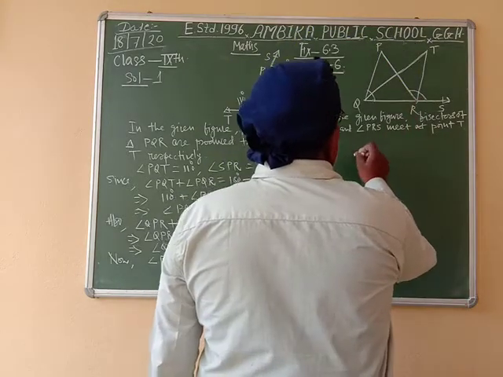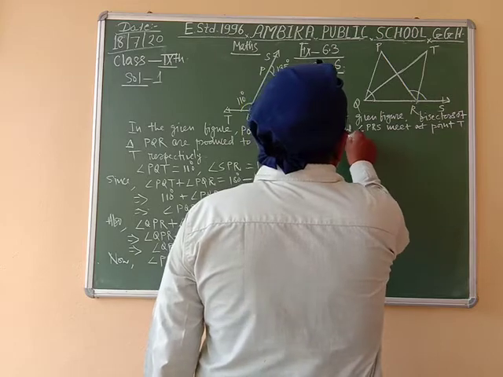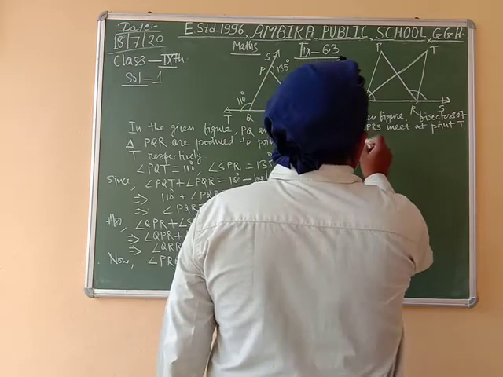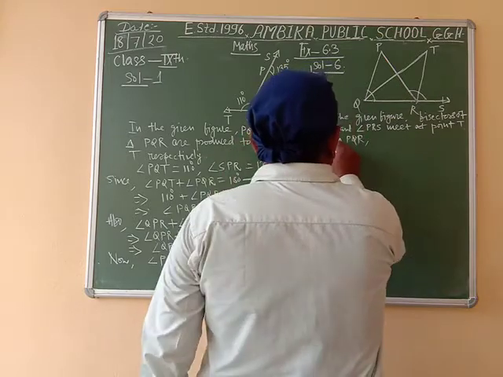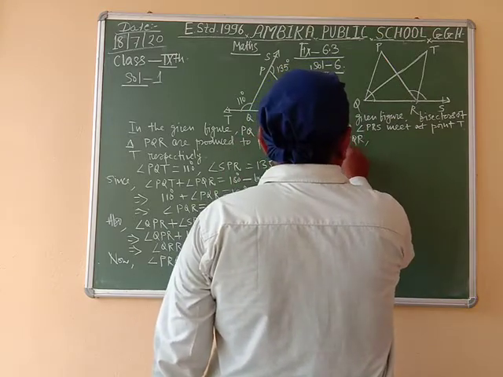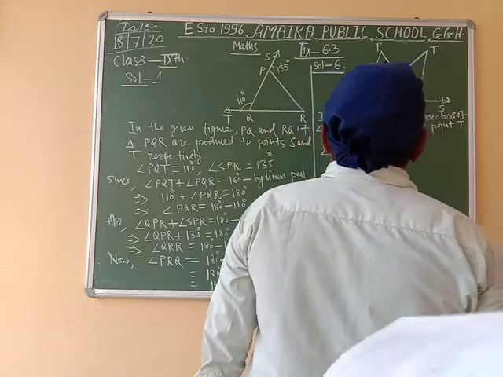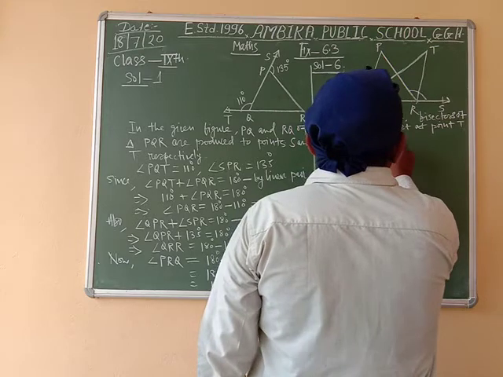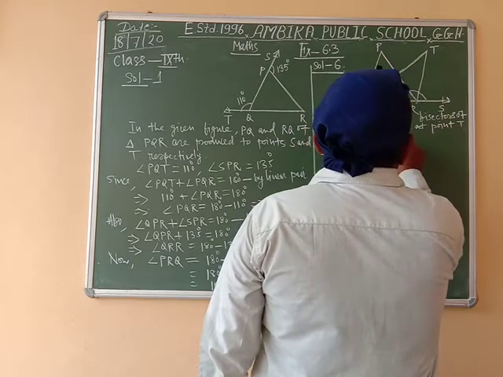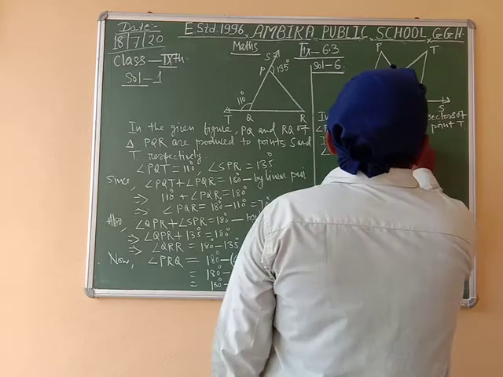In triangle PQR, angle PRS is equal to angle PQR plus angle QPR.